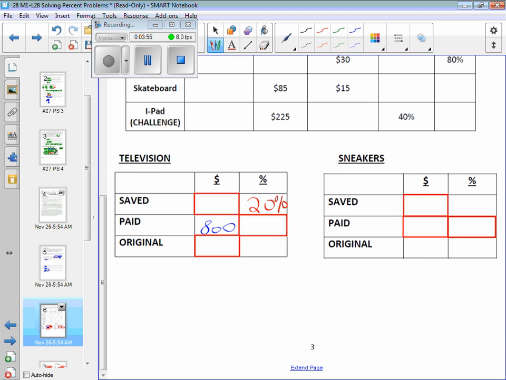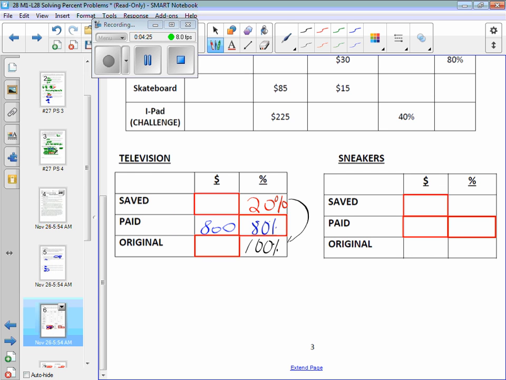Let's do this. Original percent. What number is that always? 100. We can now figure out the percent paid because you just have to subtract. Charlie. Yup. Good. Now look to make a connection somewhere. You have to be careful because you have to think.